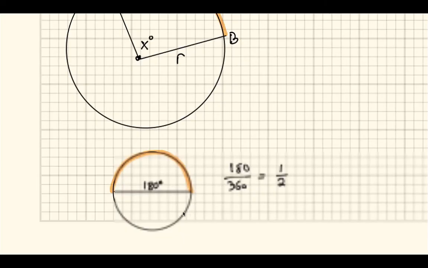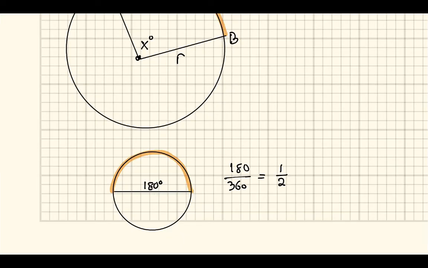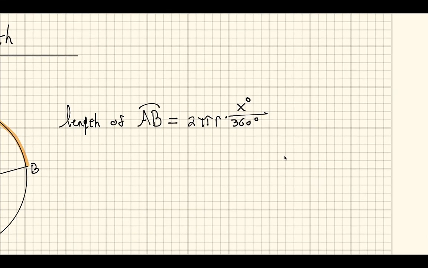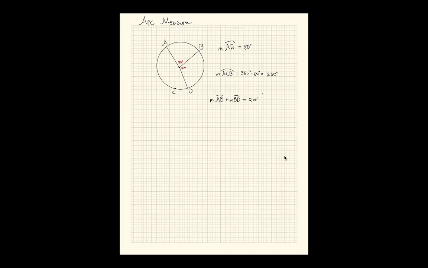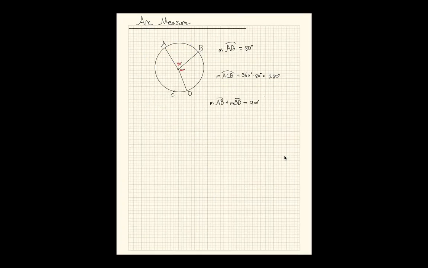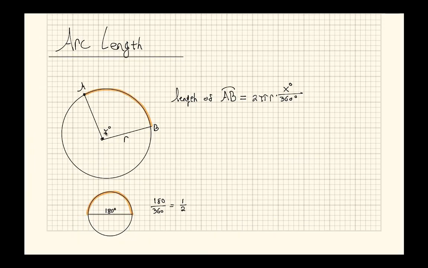Just like if you were given half the circle, an angle of 180, that reduces to 1/2. X over 360 is going to give you how much depending on whatever this angle is. I hope that's clear. I think maybe I kind of over-explained that.